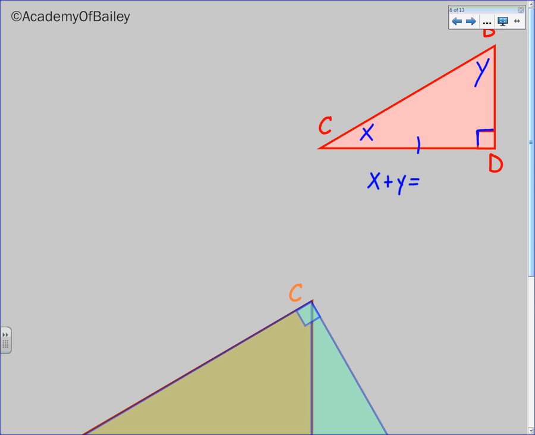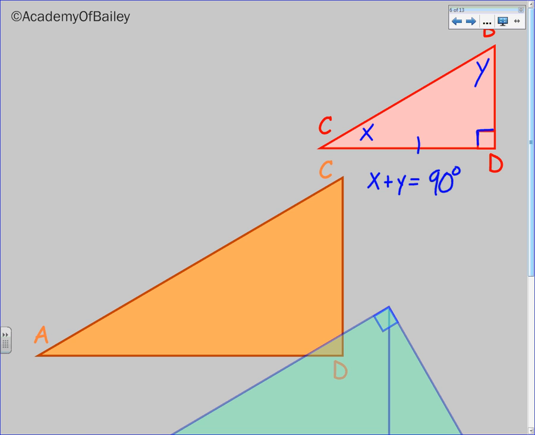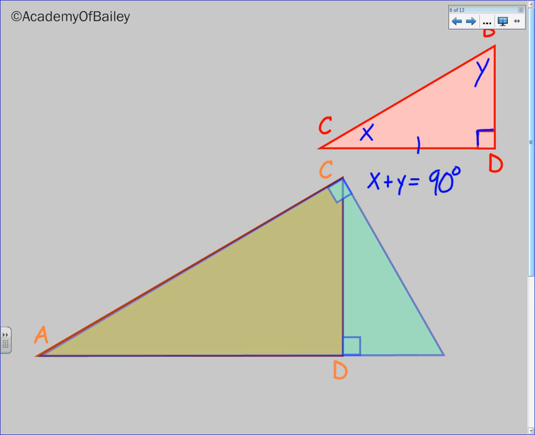Well, if this is a 90-degree angle, x plus y must equal 90 degrees, because the three interior angles of a triangle should add up to 90 degrees. So x is right here, y would be down here.